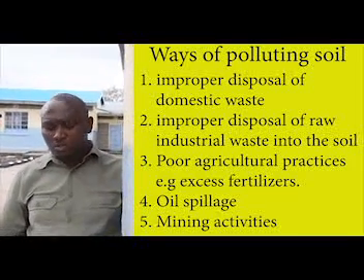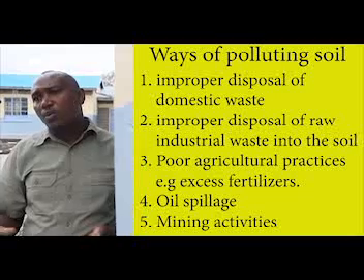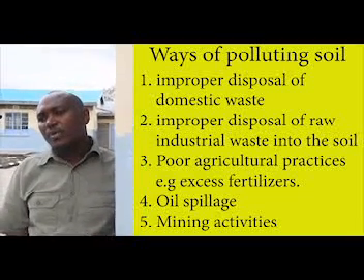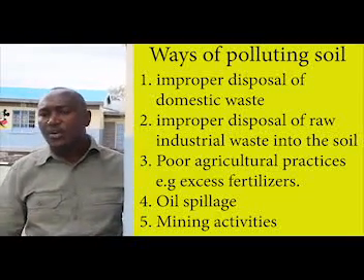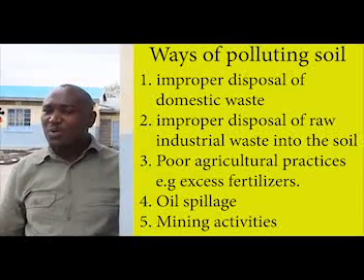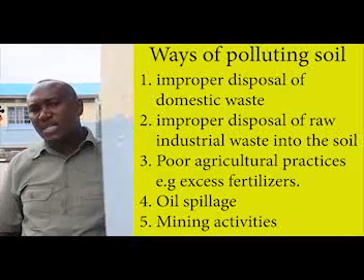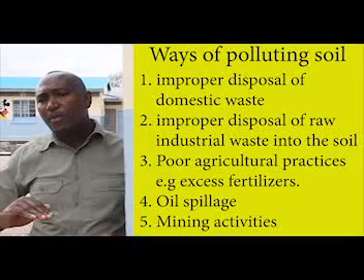What is the one we are calling domestic waste? Domestic waste is the kind of waste materials that we get rid of in our homes. For example, in the kitchen, I want to cook matoke. I just get my bananas, I peel them.